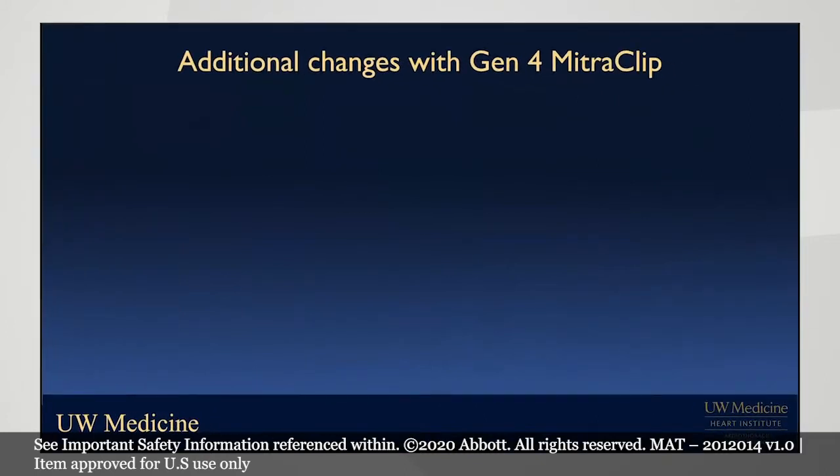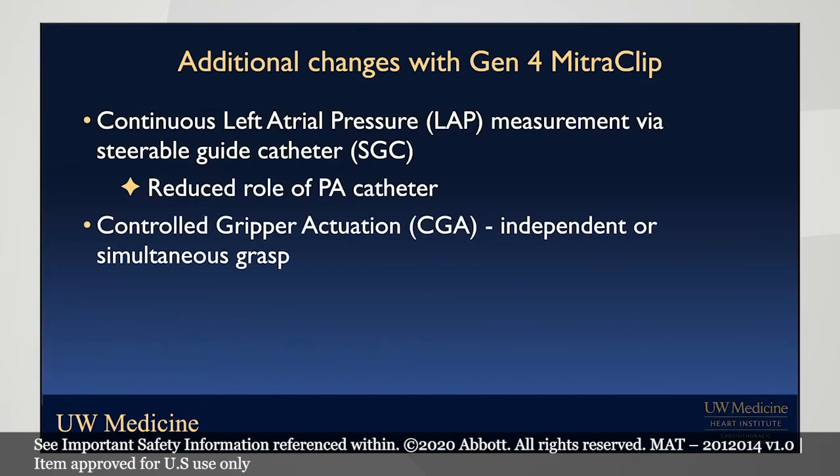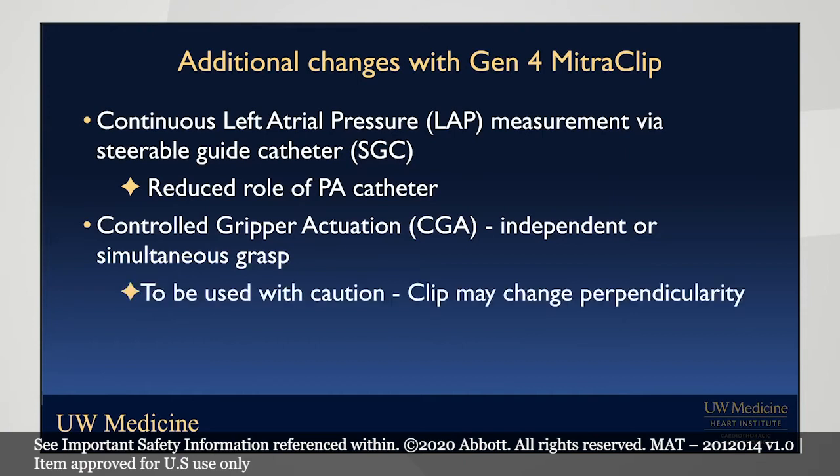There are a few additional changes I just briefly wanted to reiterate. One is the continuous left atrial pressure measurement within the steerable guide catheter, which for us at our site has certainly reduced the role of the PA catheter, thus making the whole procedure less invasive. The controlled gripper actuation helps to independently or simultaneously grasp. I will talk about that in a second.